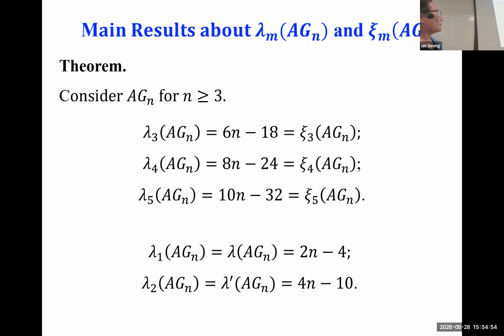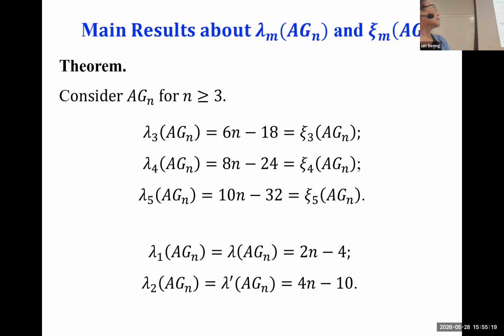For the first ones, lambda 1 is the ordinary edge connectivity, and lambda 2 is when you have disconnected components, each with at most 2 vertices. Those are easier to prove. So this is the main result for lambda 3, 4, 5.